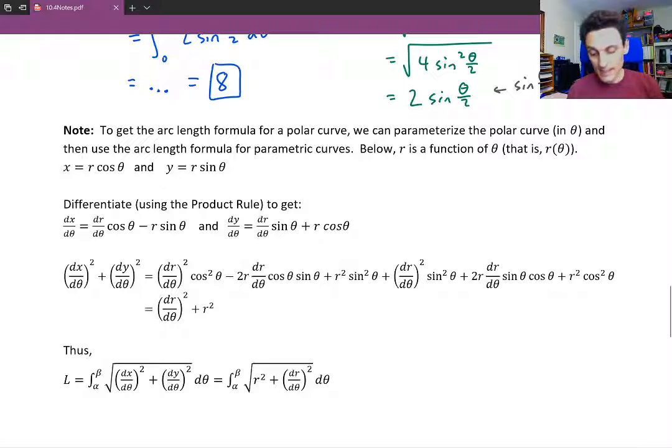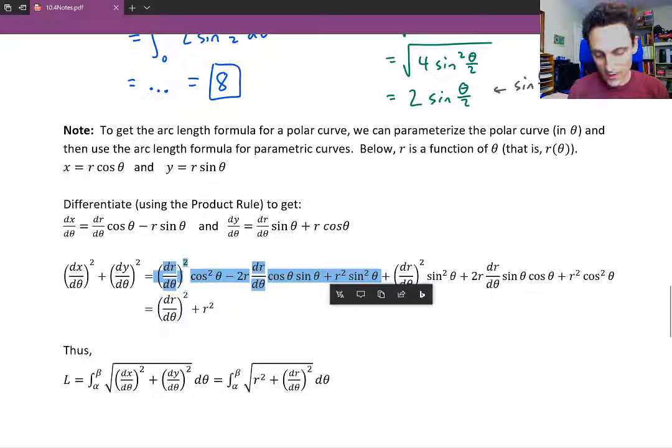Then if we look at dx d theta squared plus dy d theta squared, which is what would go inside of the arc length integral for parametric curves, here's what we get for our dx d theta and dy d theta that we just figured out for our polar curve. Well, it's a bunch of messy algebra. Basically, you have to square this whole thing, and that's the first 3 terms.